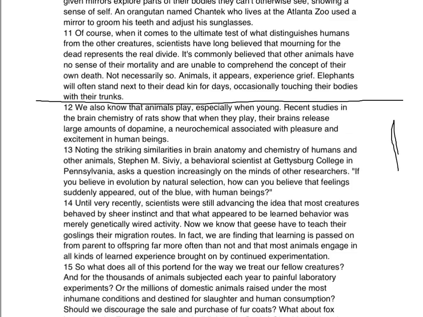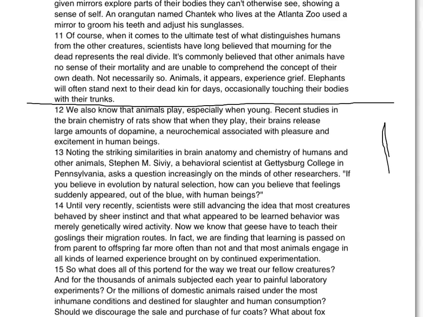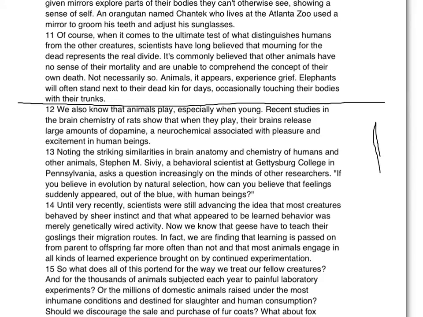Okay, there's another one. So here in paragraphs 12 and 13, we were talking about animals playing and dopamine as a neurochemical associated with pleasure, and then going on to the similarities in brain anatomy and chemistry of humans.